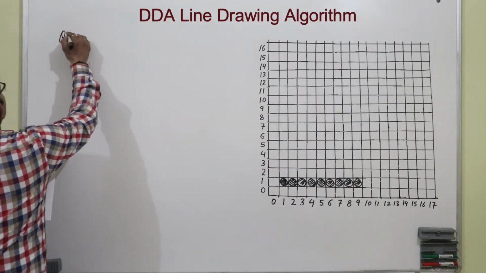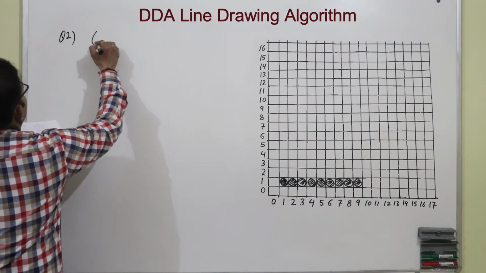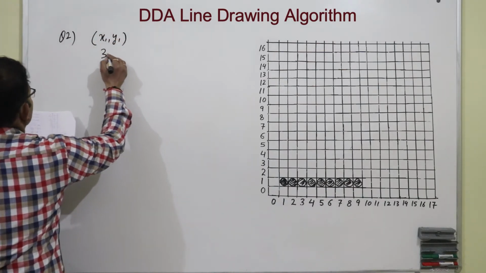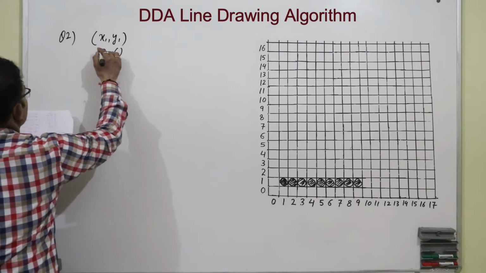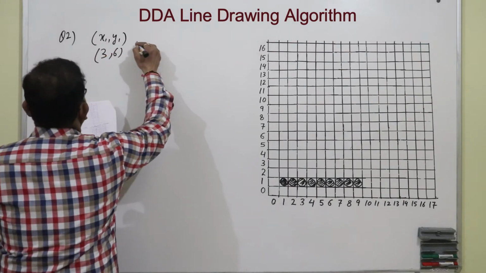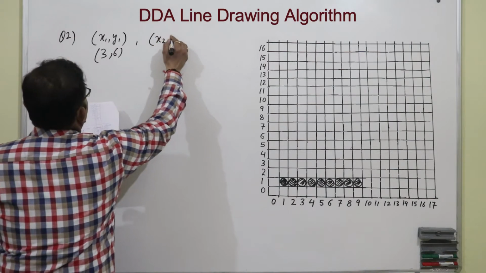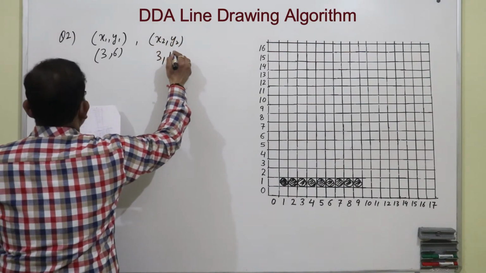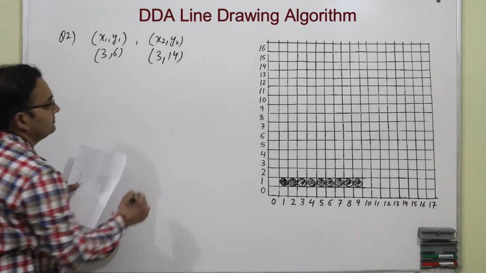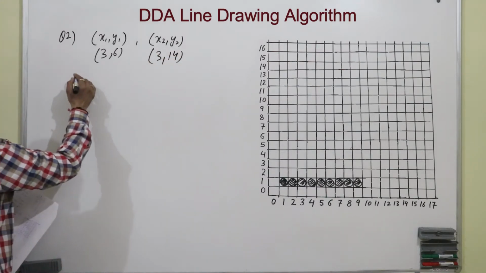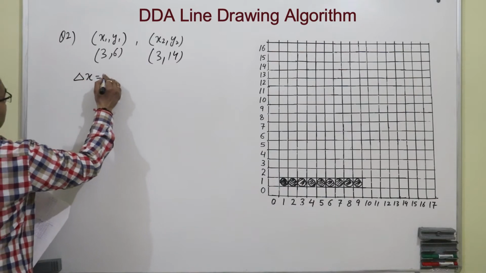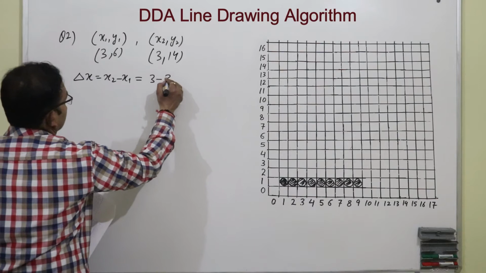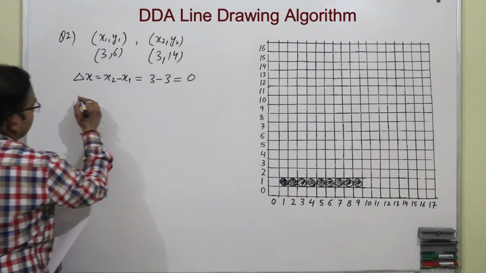Question 2, x1, y1 initial coordinates are 3, 6, last coordinates are 3, 14. Delta x equal to x2 minus x1, 3 minus 3 equal to 0.